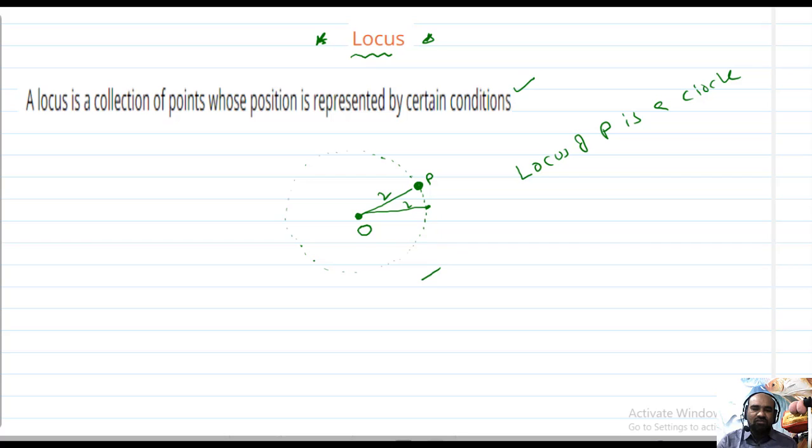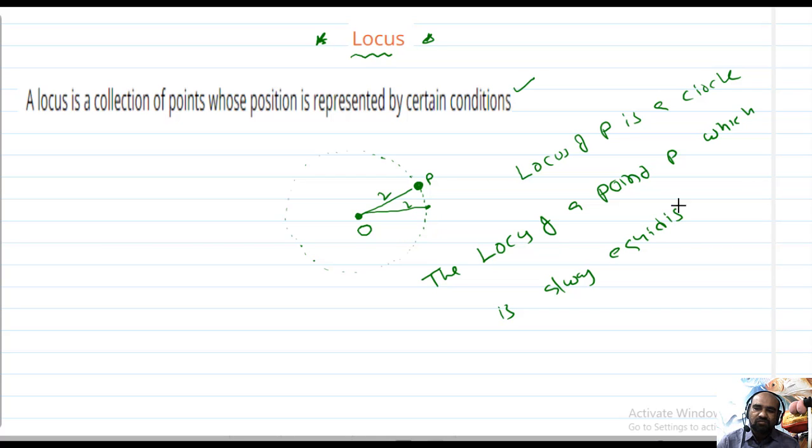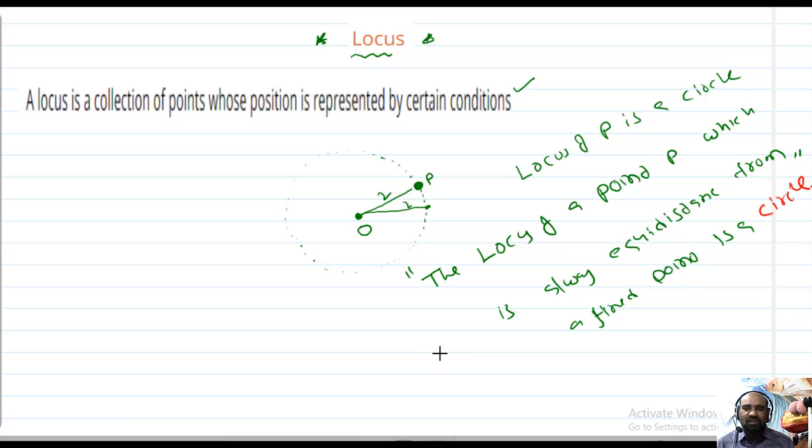Like that I can write: the locus of a point P which is always equidistant from a fixed point is a circle. So this is the definition of locus, and this is one example for the locus.